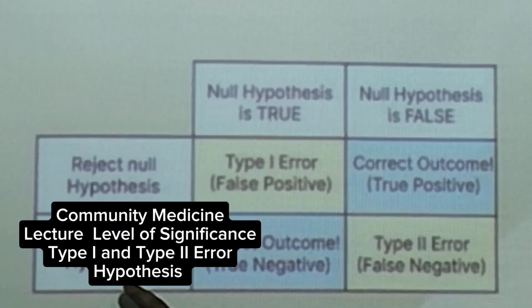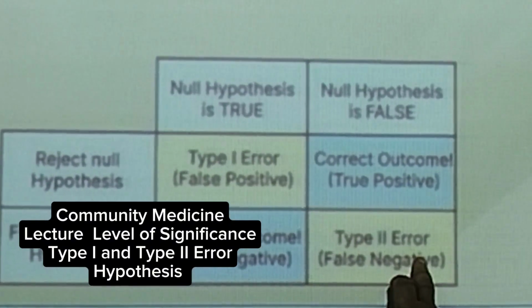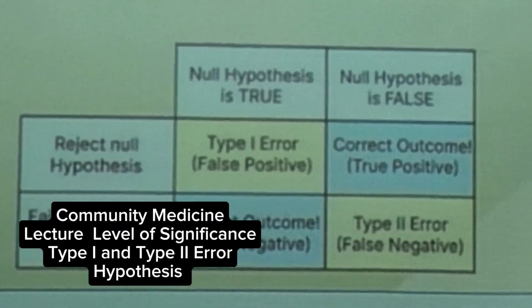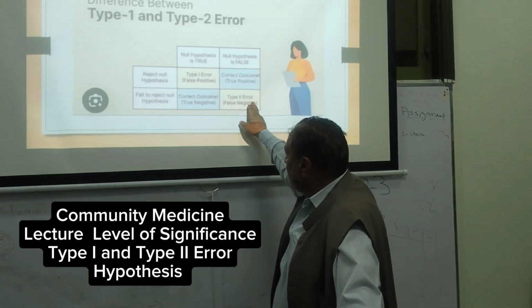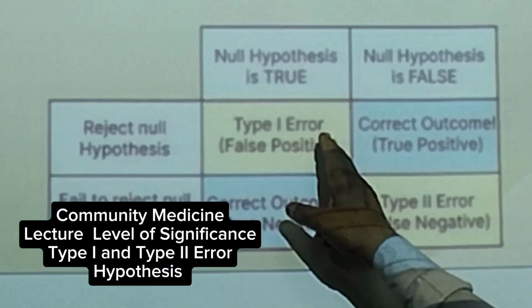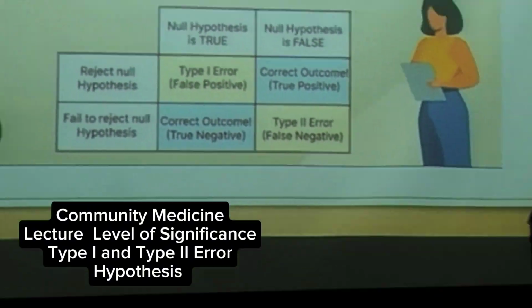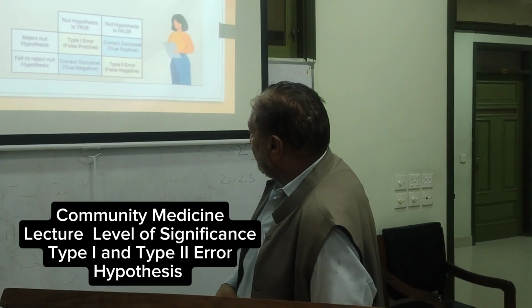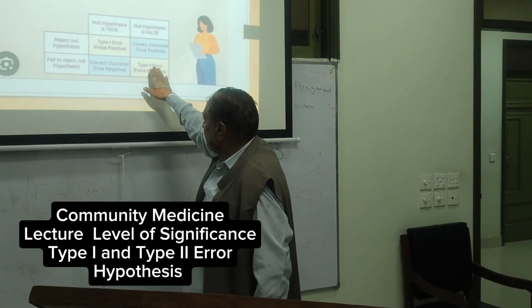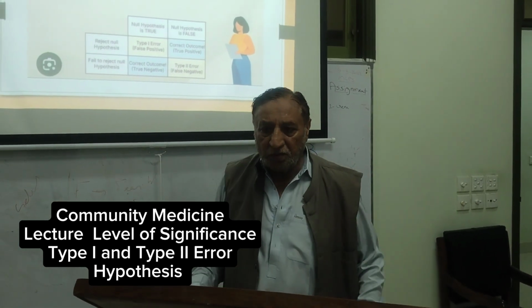For type 2, the hypothesis is false and you fail to reject the null hypothesis. The significance levels are different. For type 1 it is 0.05, or less than 5%, and for type 2 it is 0.2, meaning 20%.